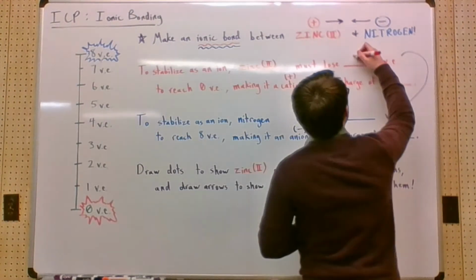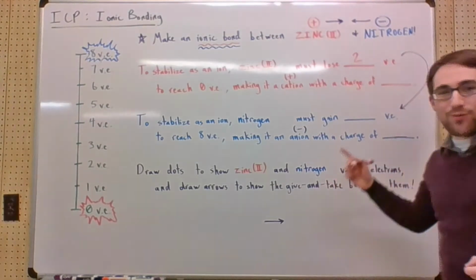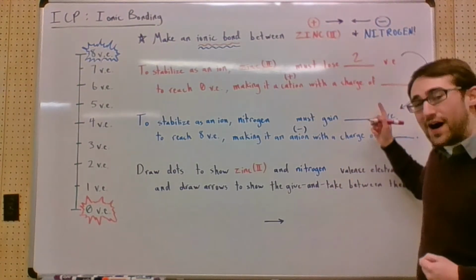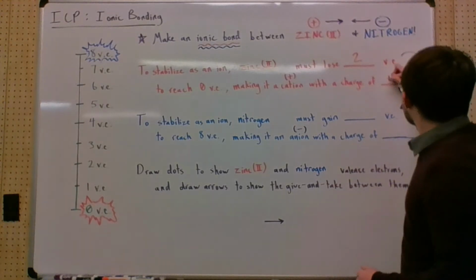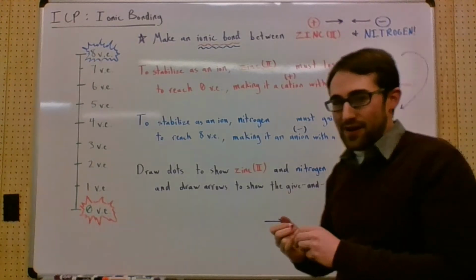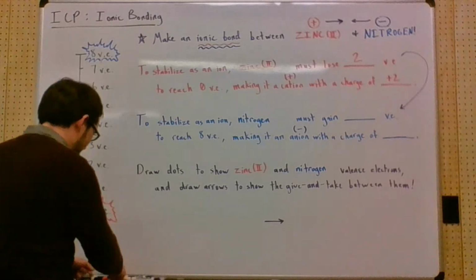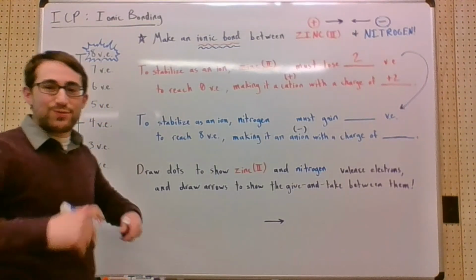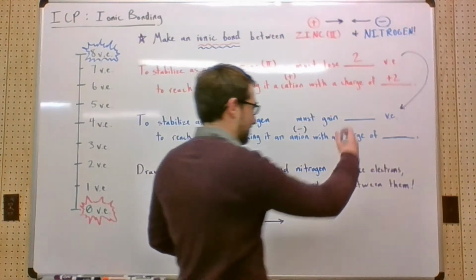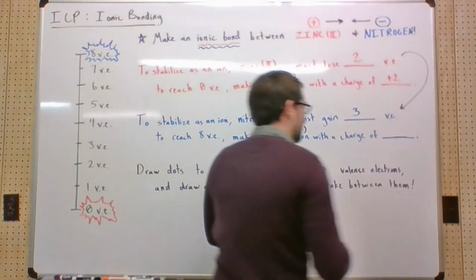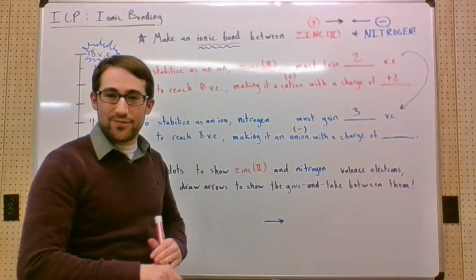Okay, which means we're going to wind up with a charge of +2 for losing those 2 negatively charged electrons. All right, just like we saw before, nitrogen starts with 5 valence electrons, so it's going to gain 3 electrons, which means it winds up with a -3 charge.